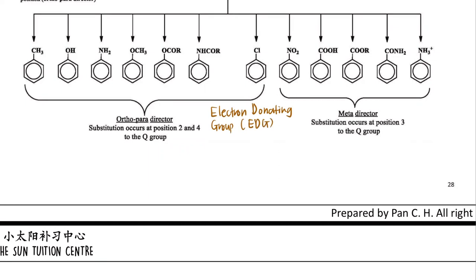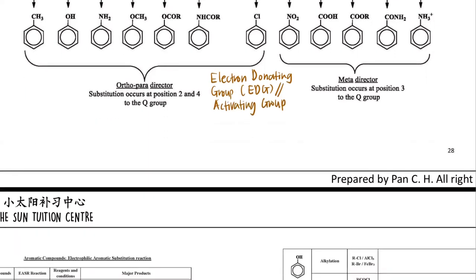The electron donating group also has another name, called activating group. For this activating group, you just have to remember 4A. Use this 4A and you can understand the whole concept. So what is 4A? First A is amine. Amine is NH2.